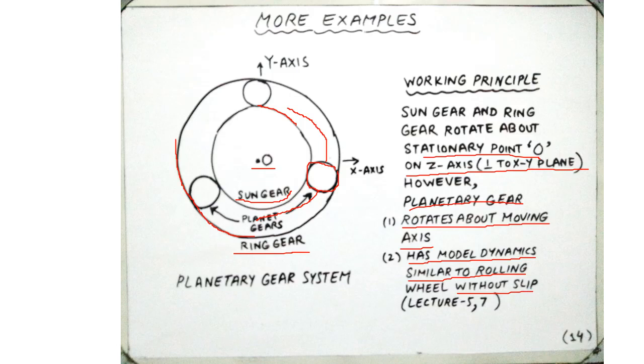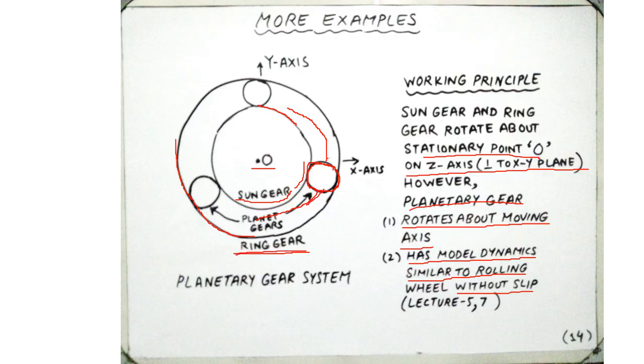We can just say that the sun gear meshes with a planet gear, which in turn meshes with the ring gear. Therefore, as the sun gear rotates, it rotates the planet gears, which in turn rotates the ring gear.